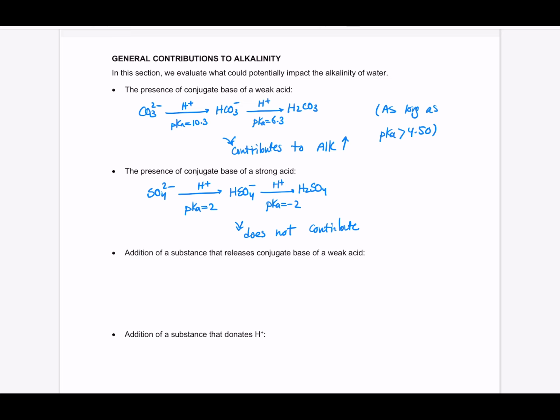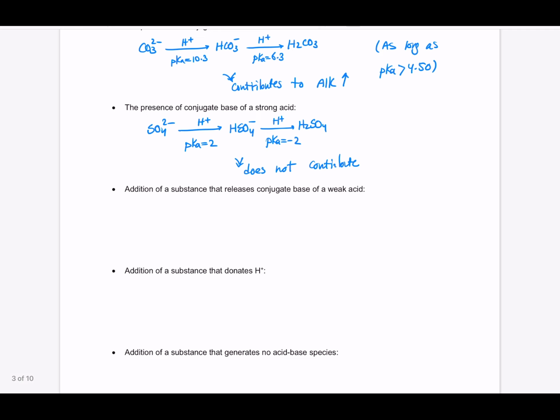So if you're making a solution in the lab which has, let's say, sodium sulfate, when you're adding sodium sulfate, the alkalinity doesn't change. But if you add sodium carbonate, then you're adding alkalinity to the system. So that's the delicate difference between the two. So if you're adding the salt of a conjugate base, as I mentioned, this would also impact.